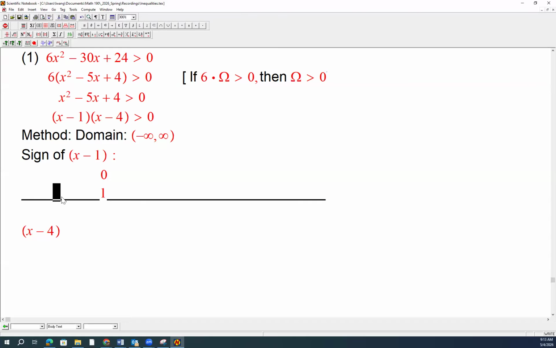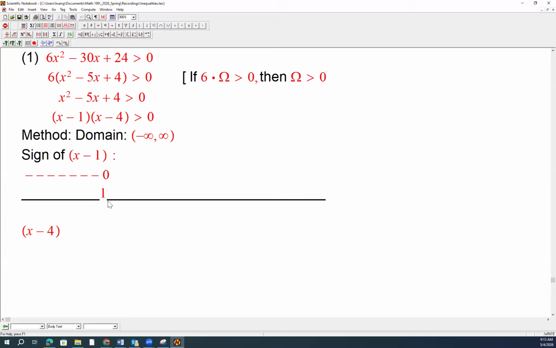If I select any number less than 1, say I select 0, or -2, -5, and I plug in x minus 1, I will get a negative sign. I will get negative. Agree? Okay.